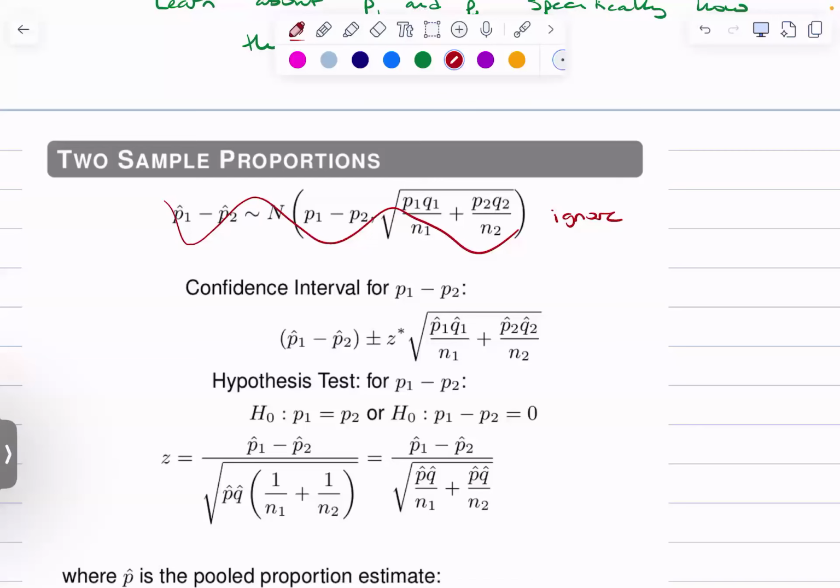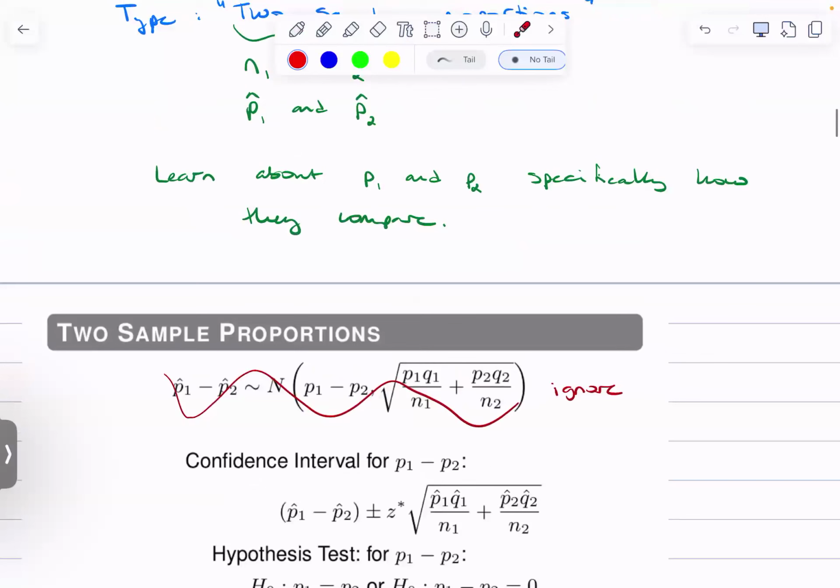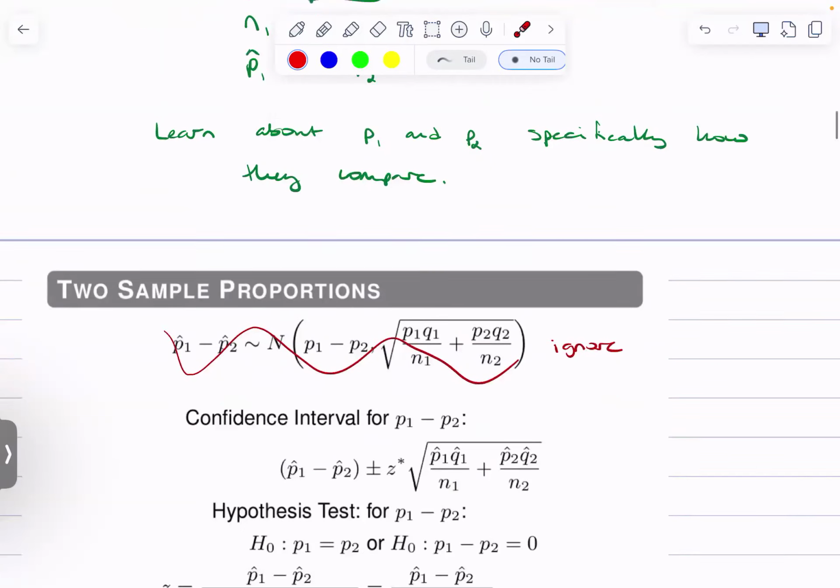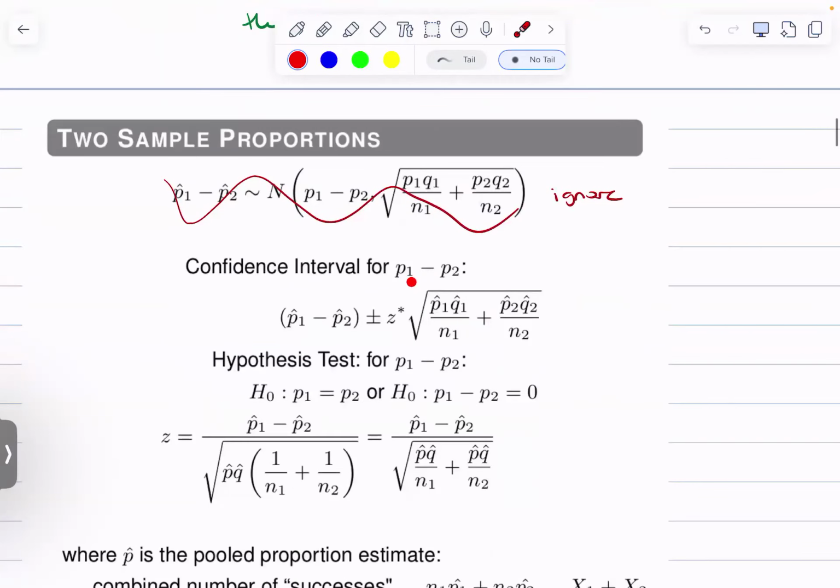Just like you were working on that central limit theorem exercise in Excel, we can do the same thing for the difference of two proportions, which is how we're going to compare P1 and P2. We're going to subtract one from the other, and it really doesn't matter which order you do them in, as long as you're consistent throughout the whole problem. Okay? And so what we're going to build is a confidence interval for the difference between P1 and P2.